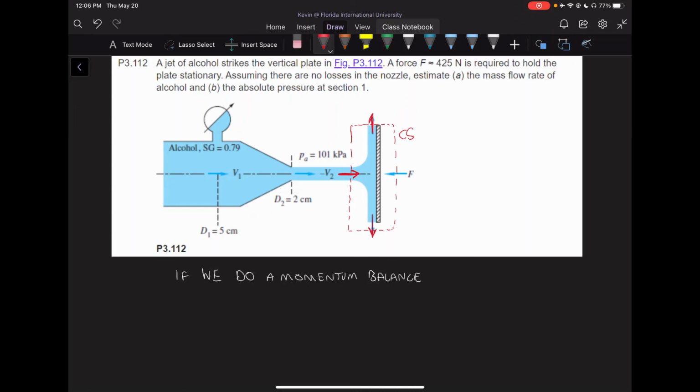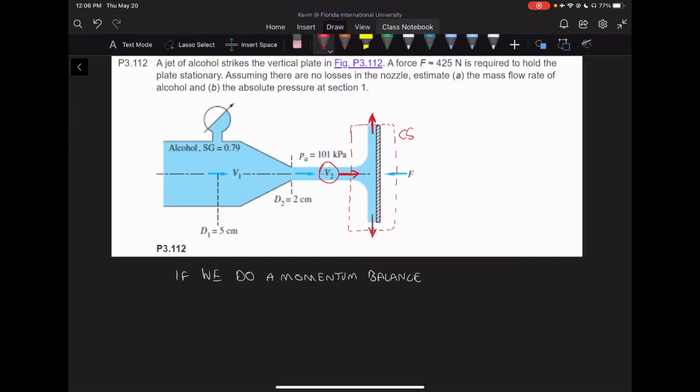This looks very similar to our previous example as well, so we can do a momentum balance in the same exact way as before. What we're trying to find is velocity 2. If we can find velocity 2, we can find the mass flow rate.